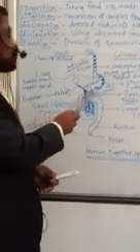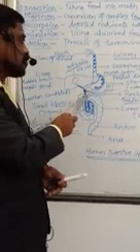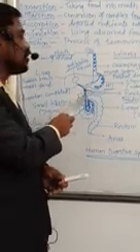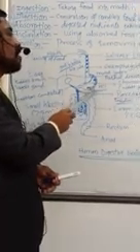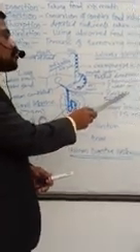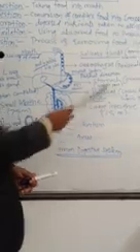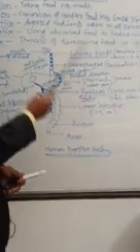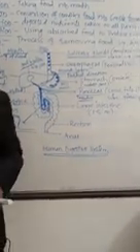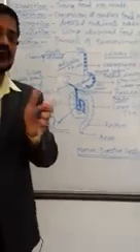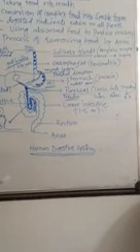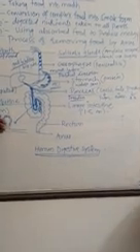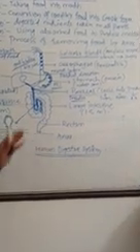Then the food is in the first part of the small intestine, the duodenum. Here between the small intestine and stomach, there is one more organ which is called the pancreas. Pancreatic juice is produced. In that, insulin is there, which helps to control the sugar. Then carbs are converted into sugar, fats into glycerol, protein into amino acids. Then the large intestine, then rectum and anus.